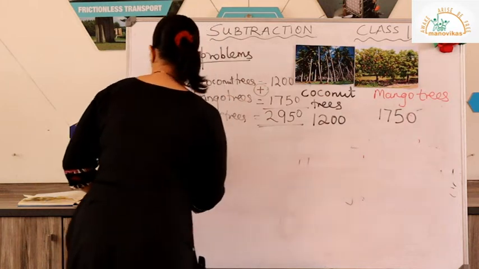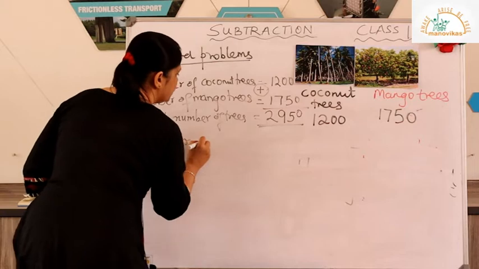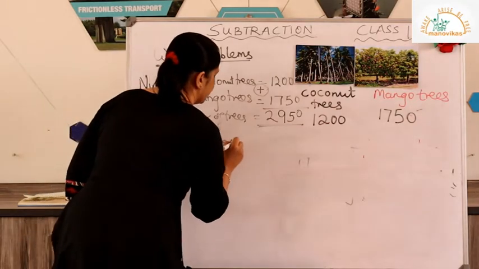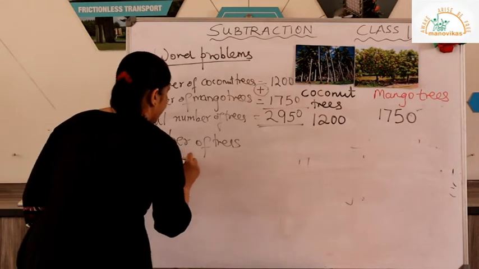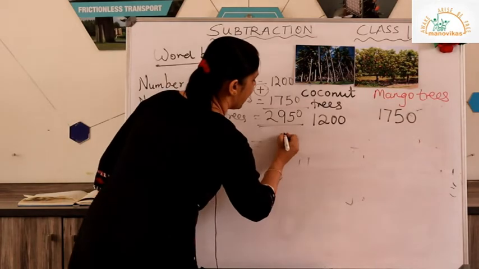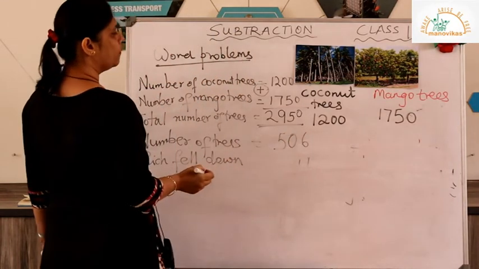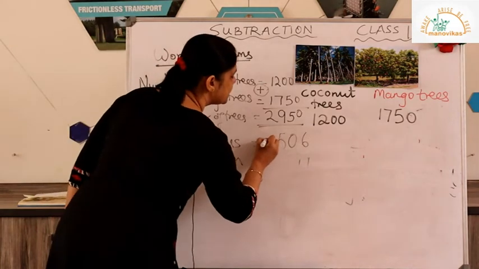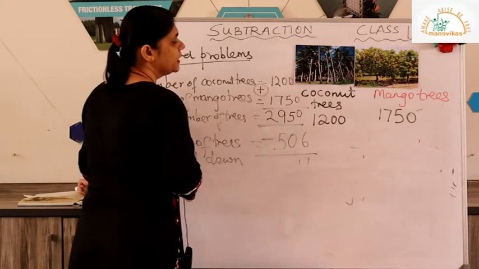That means number of trees which fell down. Okay. How much it is? 506. So what will I do here?